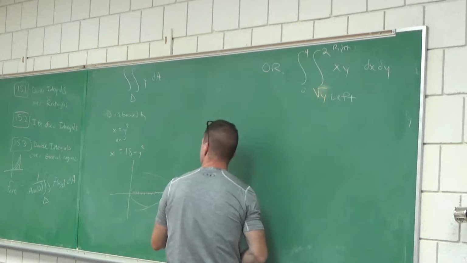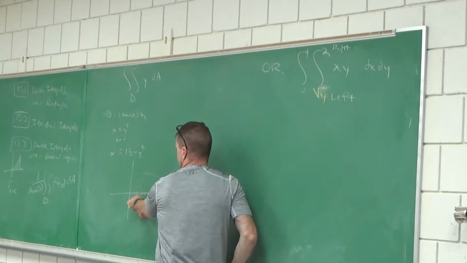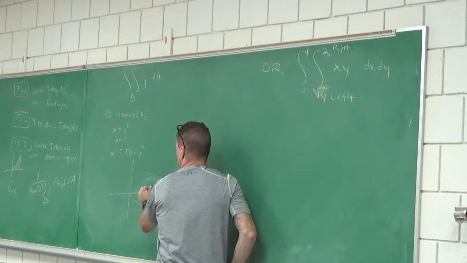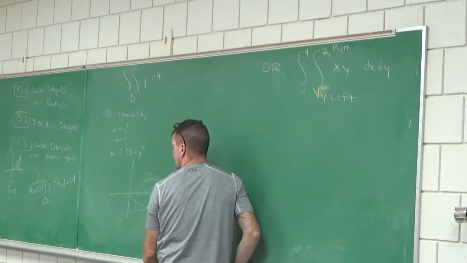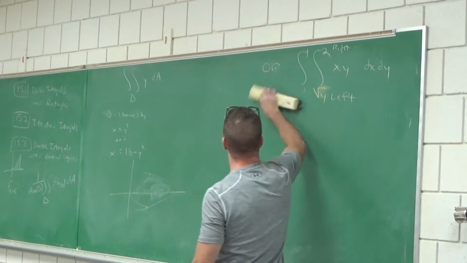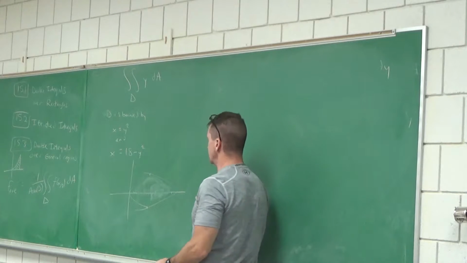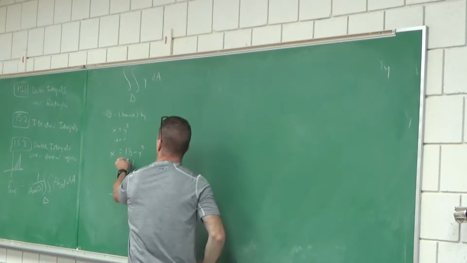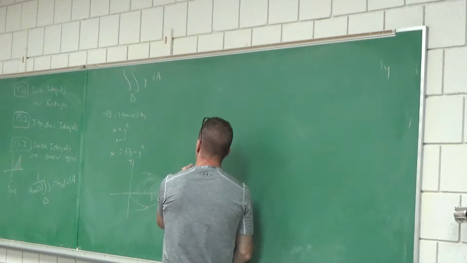Extend that x-axis. And I want you to make a decision on this. That's why our sketch was so important. These are going to meet somewhere. I have no idea where they're meeting. You're going to help me out with that. But then we have to make a choice of dx dy or dy dx. It's not a perfect drawing, but it's good enough. X-axis, y-axis. This side is x equals 18 minus y squared.